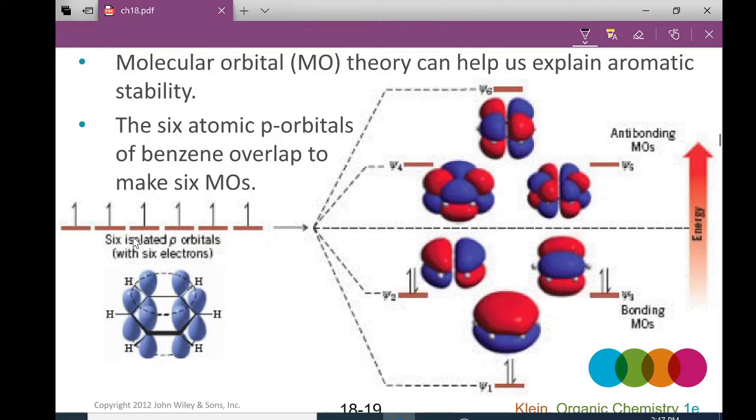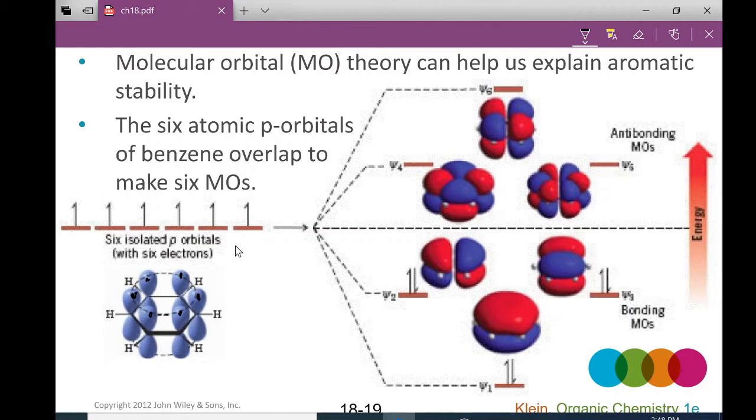So if we take 6 isolated p orbitals, each one of those carbons is donating 1 electron into the pi system. Okay, each carbon is donating 1 electron in its p orbital into the pi system. So therefore, if it's 6 carbons, each donating 1 electron, then we have 6 electrons being donated into that pi system.